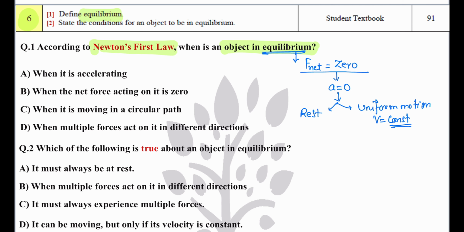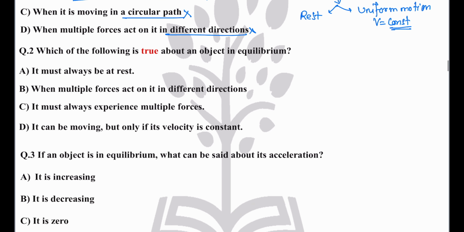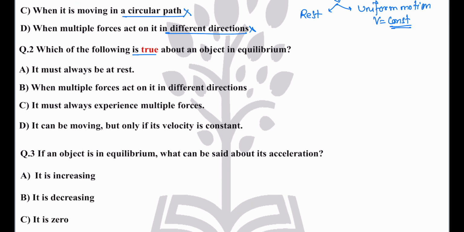Clear? Okay, when it is accelerating, no, acceleration is 0 when the net force acting on it is 0. Very good. Moving in a circular path, no. Different direction, no. Okay. Question number 2. Which of the following is true about an object in equilibrium?